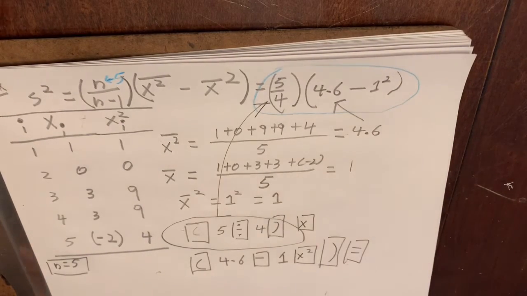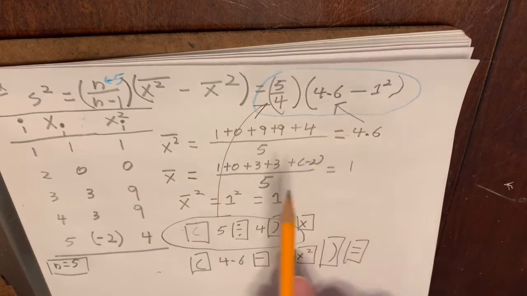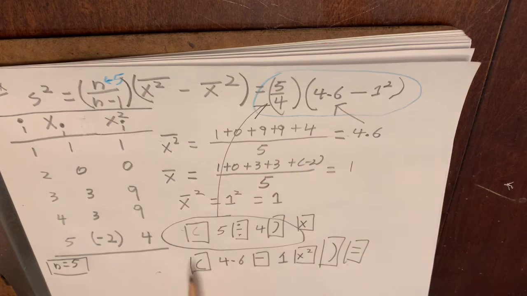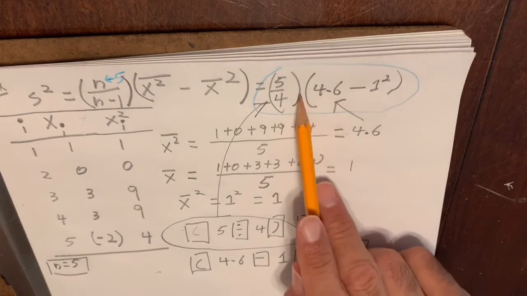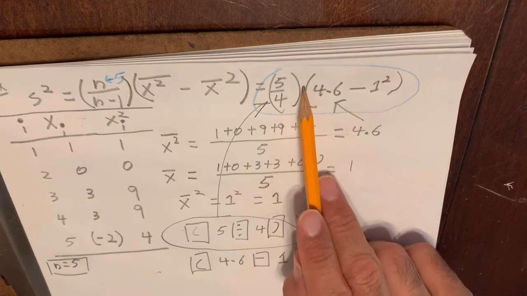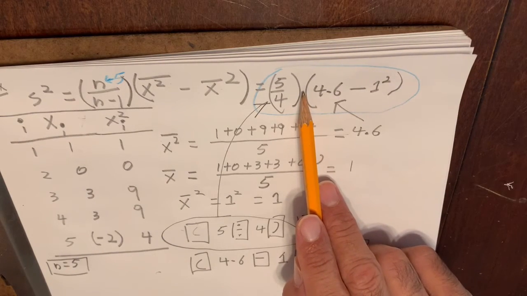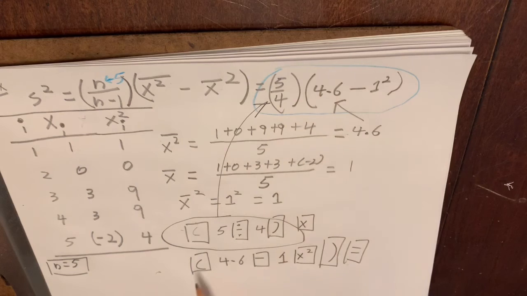And what I want to do is show you how this relates to this expression. So we have the 5/4, parenthesis 5 divided by 4. Done. There is multiplication here. That's what it means implicitly. So parenthesis, 4.6 minus 1, and you hit the x squared button and it squares it.